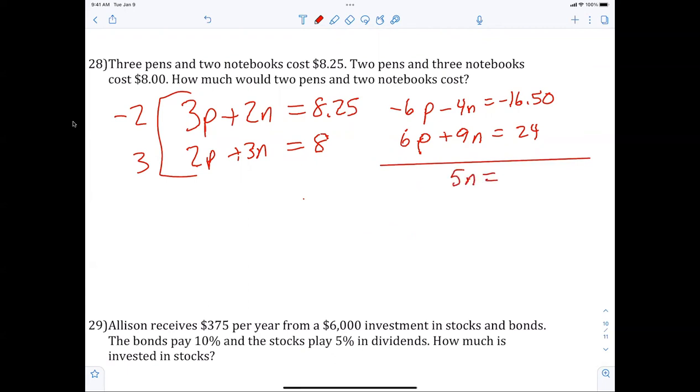I got 5n equals 7.5. So n equals 1.5. $1.50. That's what I got. So the notebook is $1.50. Does everybody agree with that? Yes, sir. So now if the notebook costs $1.50, plug it in.